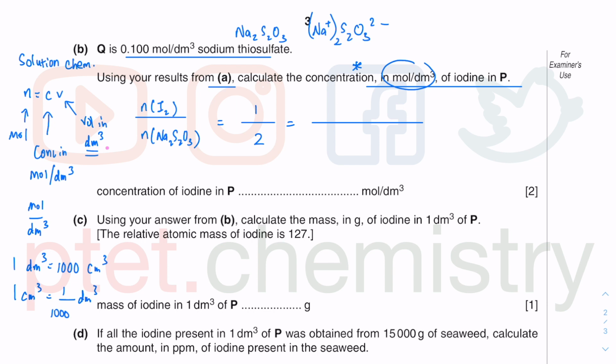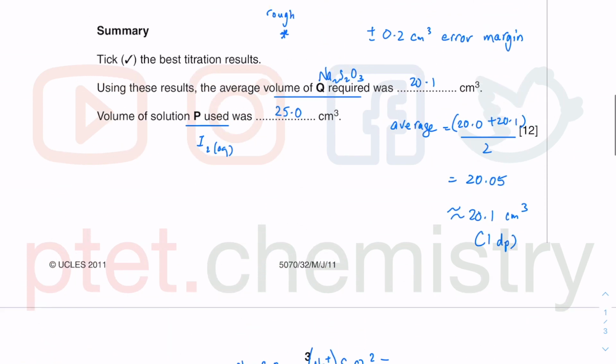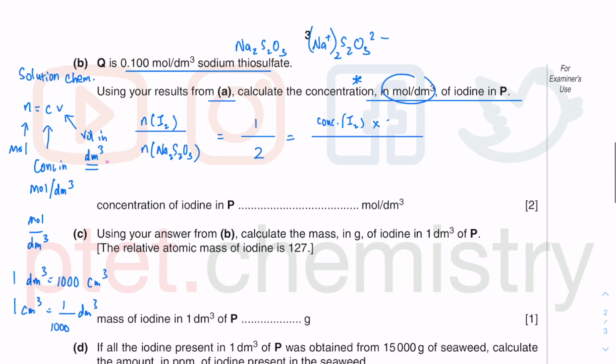So here we have the concentration of iodine, which is unknown. The one on top here, n = CV: this is the concentration of the iodine in mole per dm³. I have to multiply by the volume of the iodine in P. In my titration, the P used was 25.0 cm³, so we have to convert that cm³ to dm³. So it's 25.0 over 1000.